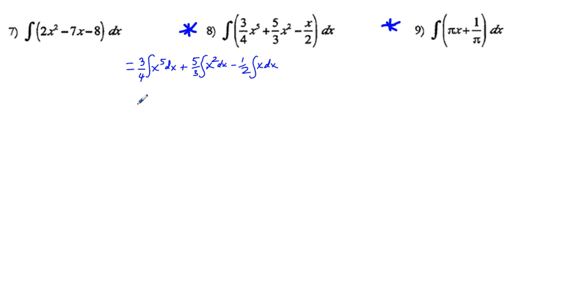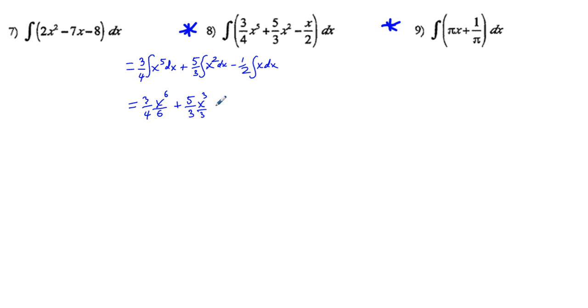Okay, and next we're going to use our power rule of integration. So we have 3/4 times, we take x, we're going to have x to the 6th power, and we're going to divide by 6. So we divide by the power that we raise the variable to, plus we have 5/3, and then we have x to the 3rd power, and we're going to divide by 3.